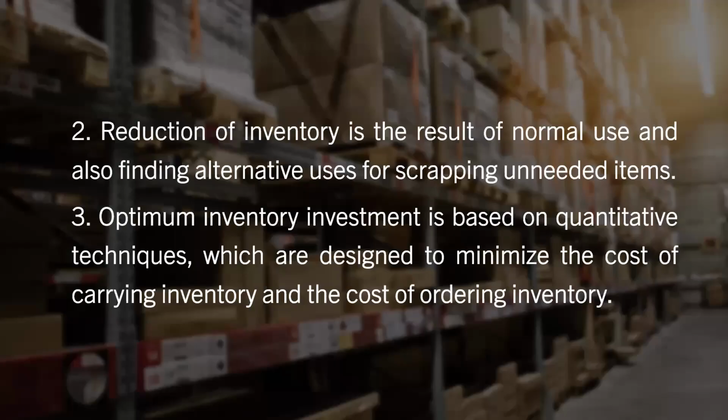A reduction of inventory is the result of normal use and also of finding alternative uses for scrapping unneeded items. You need to consider the normal usage. Of course, there is normal and abnormal usage of our inventory, of our materials. Normal usage is what is expected, but at some point we have abnormal use of our inventory.